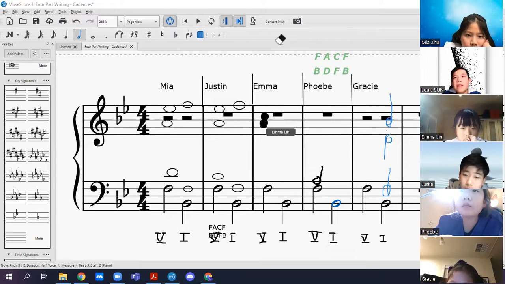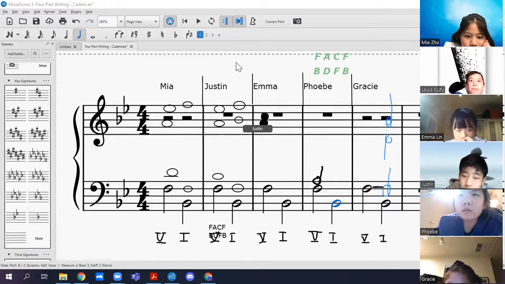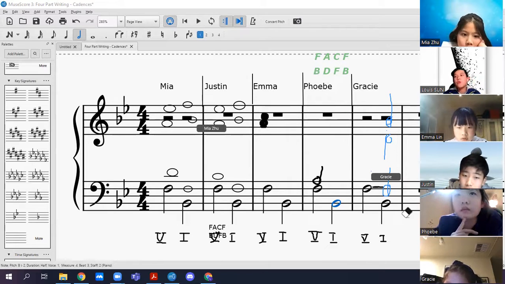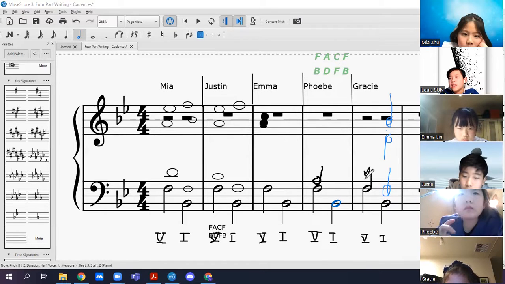Gracie, that F in the tenor. No, wait, it's fine. But it's a little risky since those two are the same note. But if you do run into such a situation, you can simply do this, which basically means the tenor is singing the F as well.